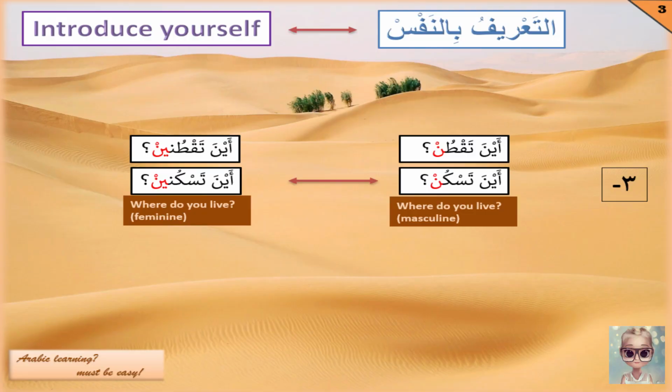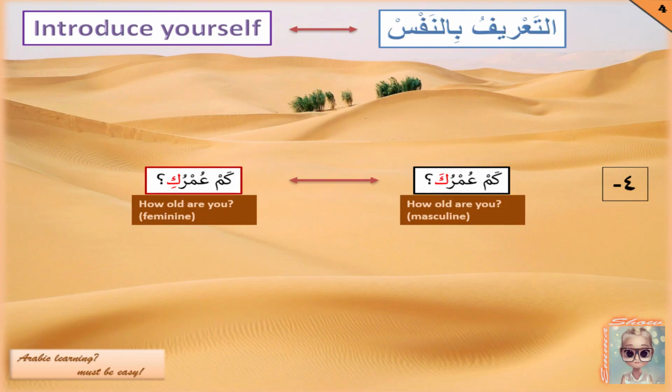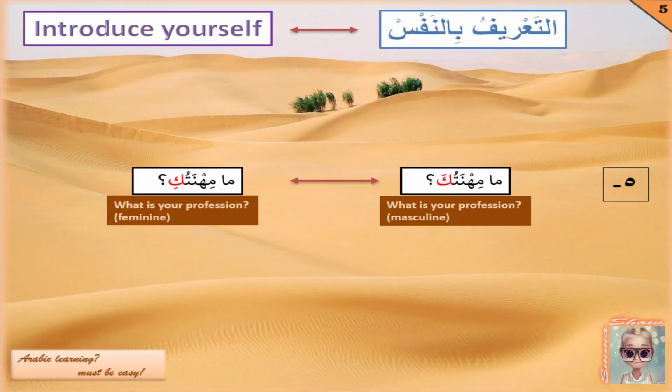أين تقطن for masculine and أين تقطنين for feminine. Okay, how old are you? كم عمرك for masculine and كم عمرك for feminine. What is your occupation? ما مهنتك or ما هي مهنتك for masculine and ما مهنتك or ما هي مهنتك for feminine.